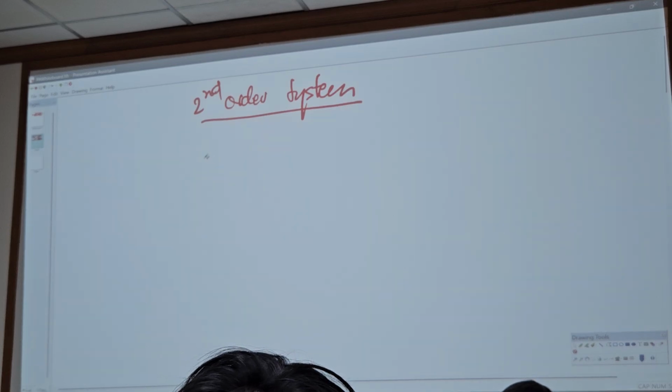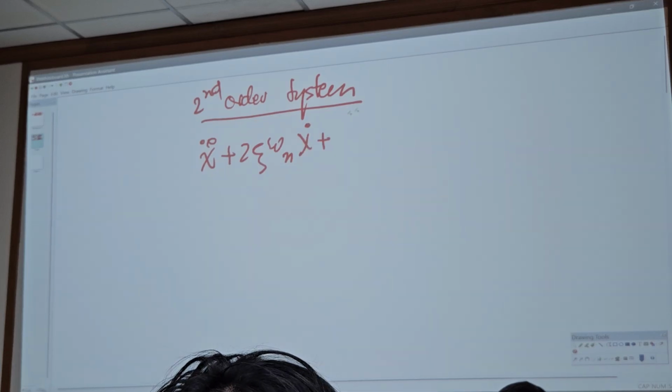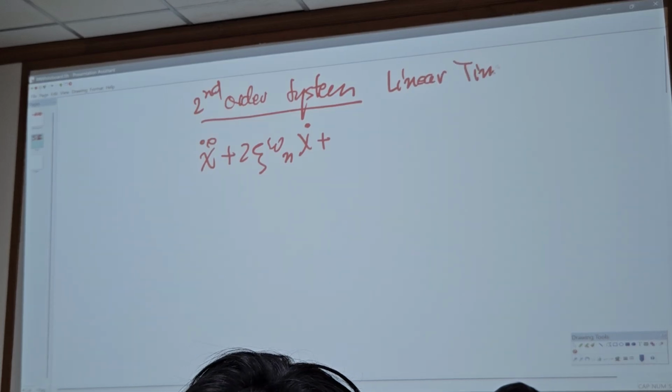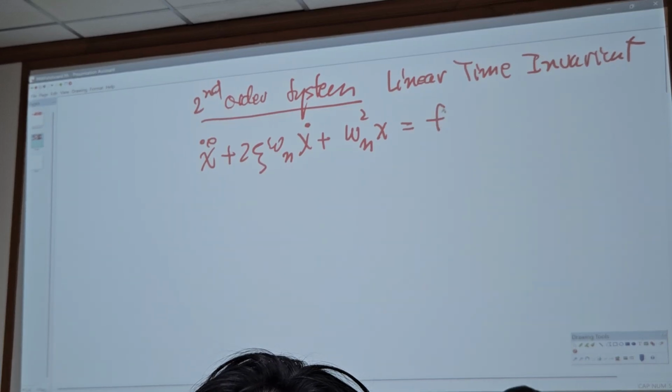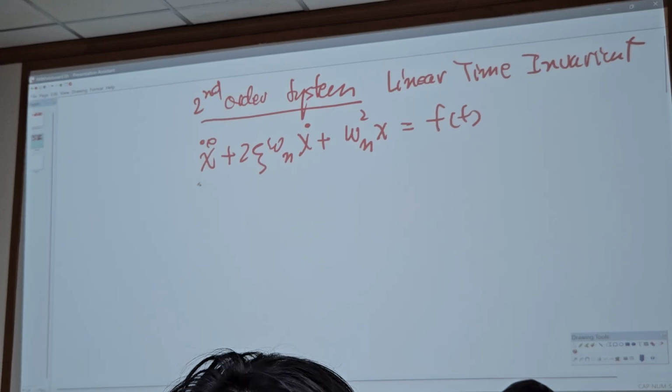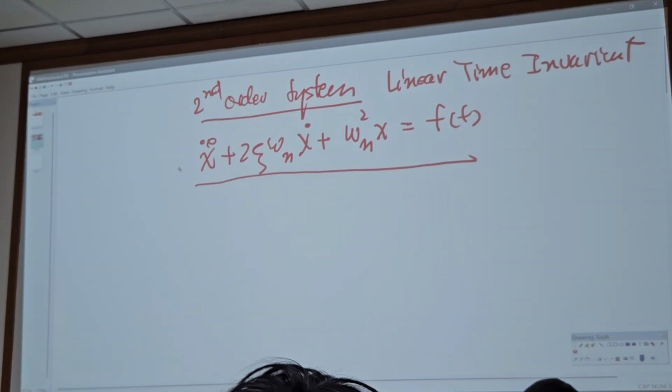You can write in this form, for linear time invariant. You can write in this form. Let's say f(t). You see? You can write your system, convert your system to this form.